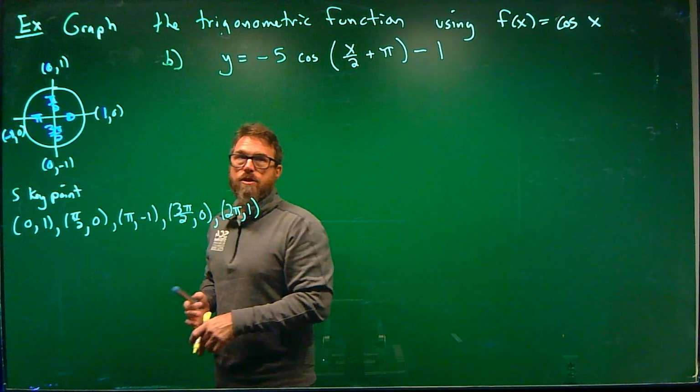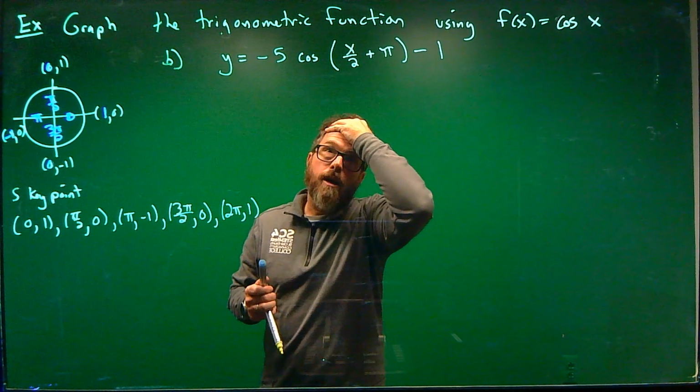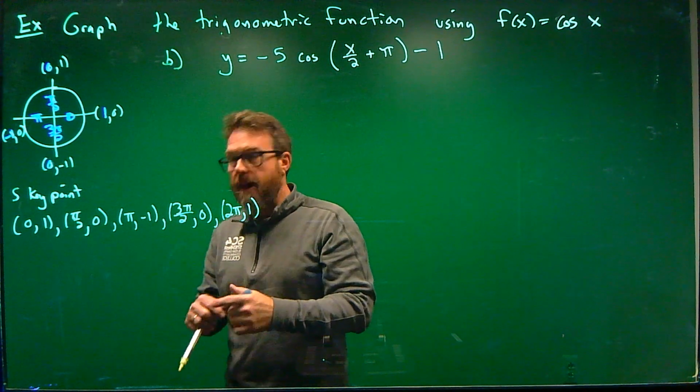So we're going to see what happens to those 5 key points for this function. Let's talk about the x values, then the y values.